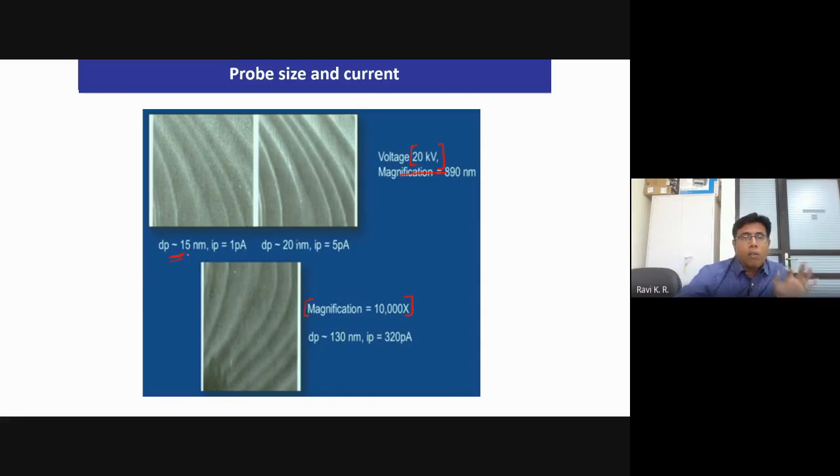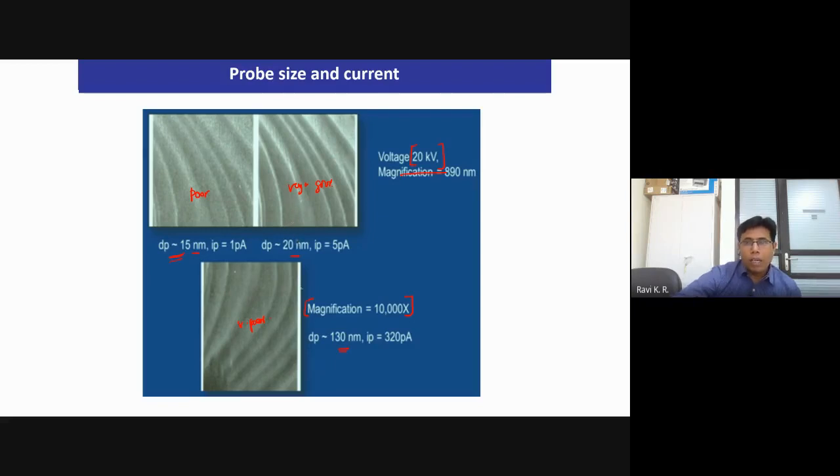What we are doing is changing the diameter from 15 nanometer to 20 nanometer and then increasing that to 130 nanometer. So what we are seeing is this is actually a poor resolution. It does not look very good. It is very poor. By increasing it, you are getting a very good contrast, a very good image.